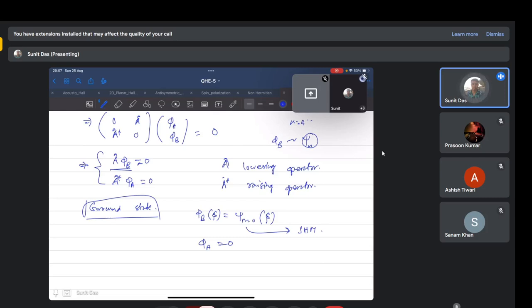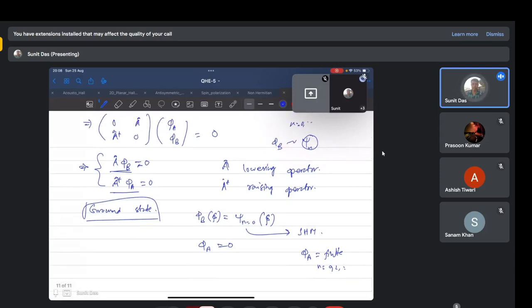That's how you can have this ground state, because if phi a is some finite state, I mean some finite n, then you can raise this operator, right? So you will not have a ground state.